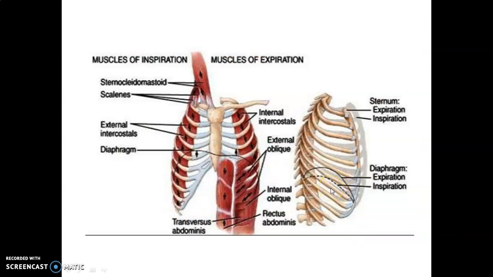Again, another schematic picture to show muscles of inspiration and expiration. Here you can see sternocleidomastoid muscle and scalenus muscle, external intercostal muscle, which fills the intercostal space, and the diaphragm. All these muscles are responsible for inspiration. The muscles of expiration are internal intercostal muscle, external oblique muscle, and rectus abdominis muscle.